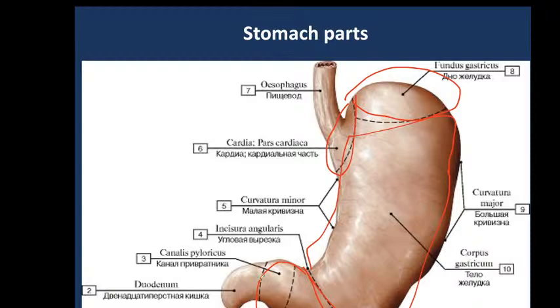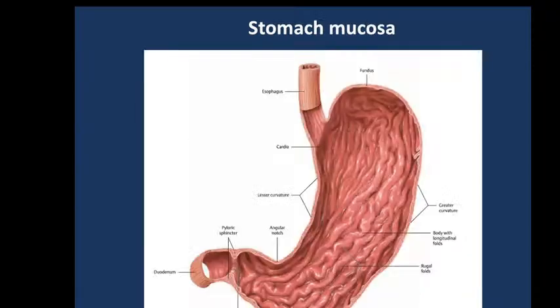That is connected with the duodenum. It is the beginning part of the small intestine, and it has special sphincter muscles that protect against food coming too easily into the duodenum before the process of digestion.